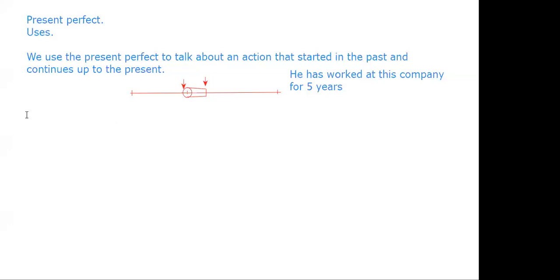An action that started in the past and continues up to the present. I cannot use simple past to say that, because if I use simple past, I am talking about one action that is completed. So if I say he worked there for 5 years, it means that now he doesn't work there. We're going to see that later.